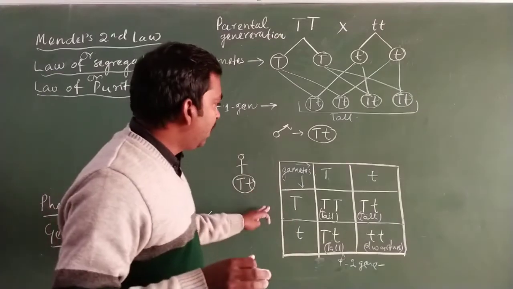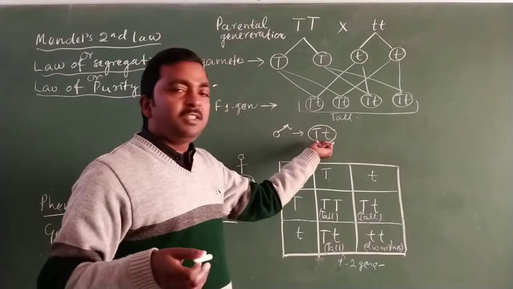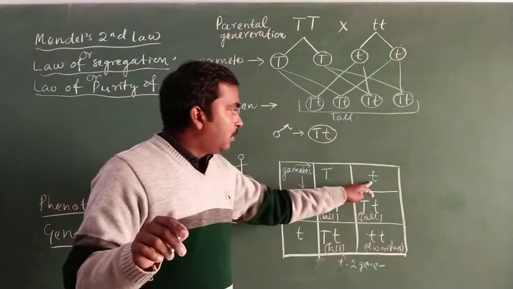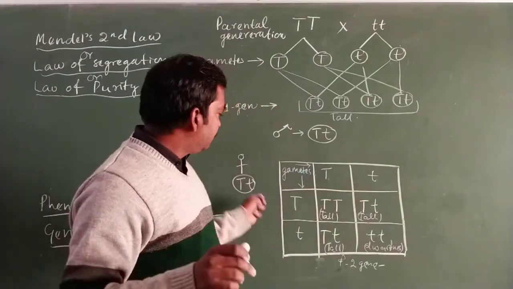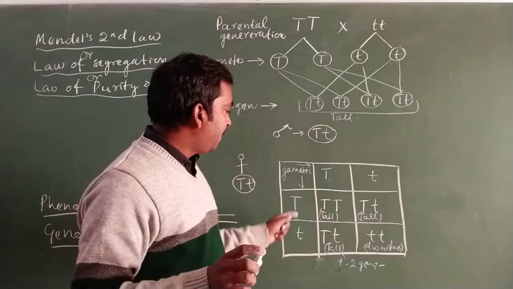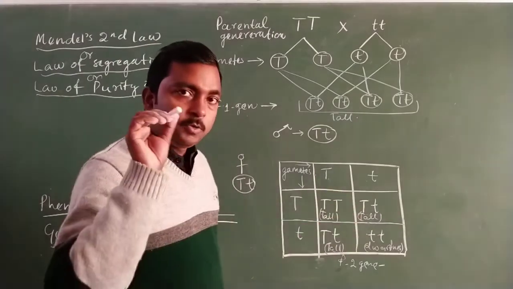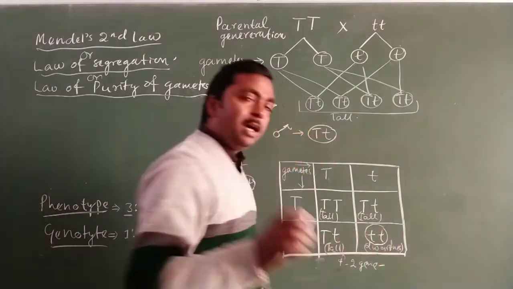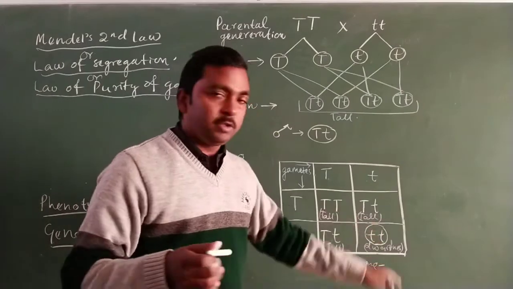It means during gamete formation these genes become separate, become segregated, and when these genes fuse together, one ratio of the dwarfness gene also appears in the F2 generation.